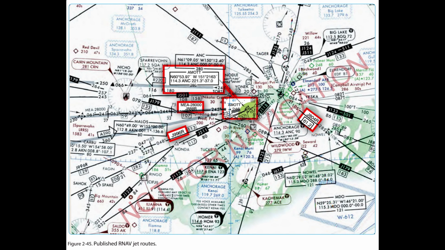The en route chart excerpt depicts 3 published RNAV jet routes, J804R, J888R, and J996R, Figure 2-45. The R suffix is a supplementary route designator denoting an RNAV route. The overlapping symbols for the AMIT intersection and waypoint indicate that AMIT can be identified by conventional navigation or by latitude and longitude coordinates.